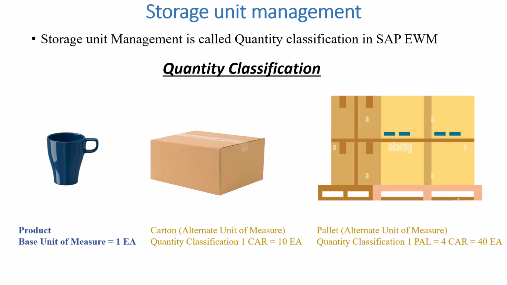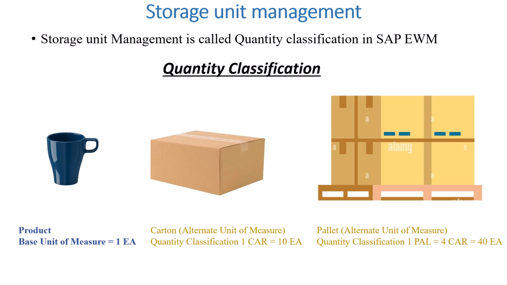Gravity, for example, can be measured in other terminologies, but that won't come into our warehouse picture. Let me just tell you that different kinds of products have different kinds of quantity classifications. Here, one cup is nothing but one each, one piece of cup.